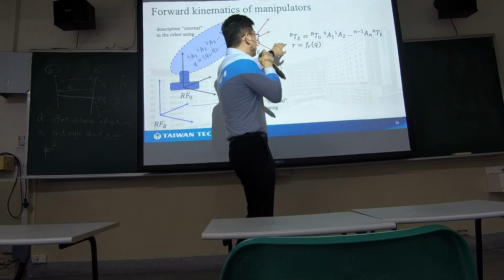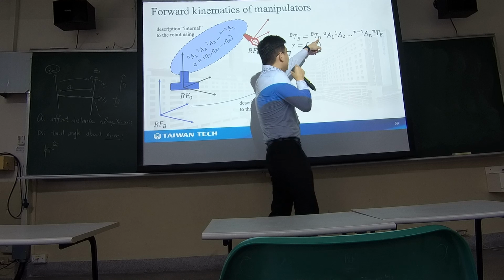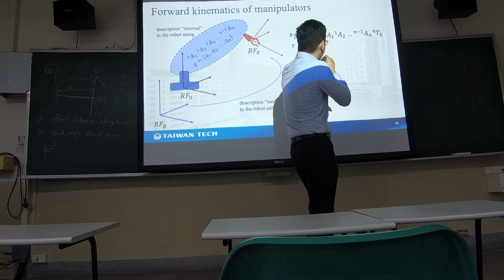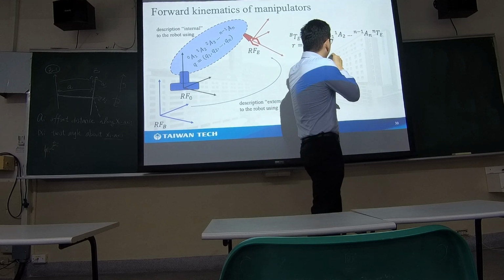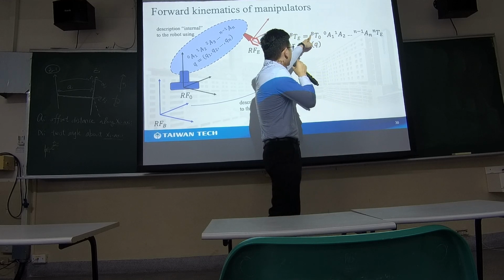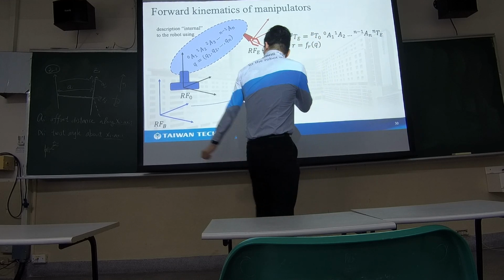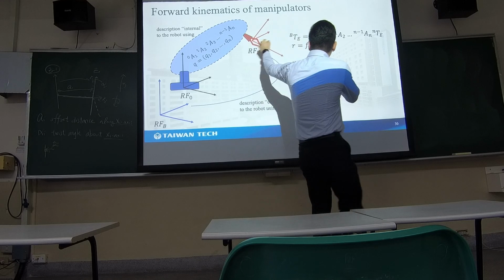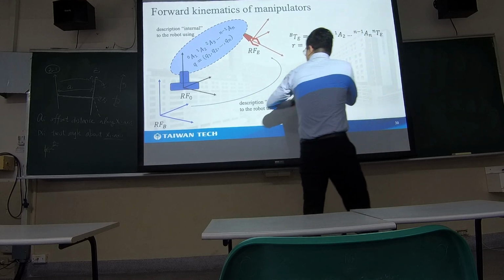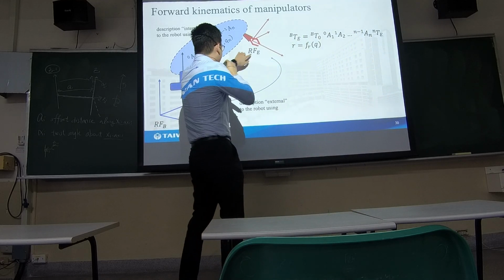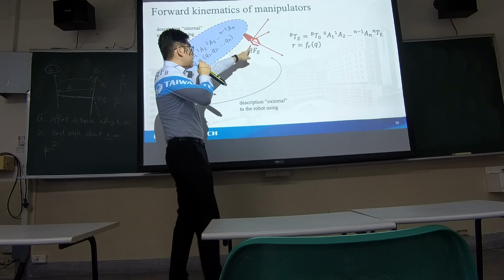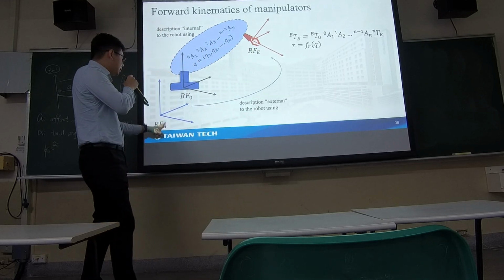So these are two methods. The first one, you can just simply multiply all the transformations together. So this is from the base to 0, and this is from n to the end effector. Together, we can find the end effector coordinate system with respect to the base frame.